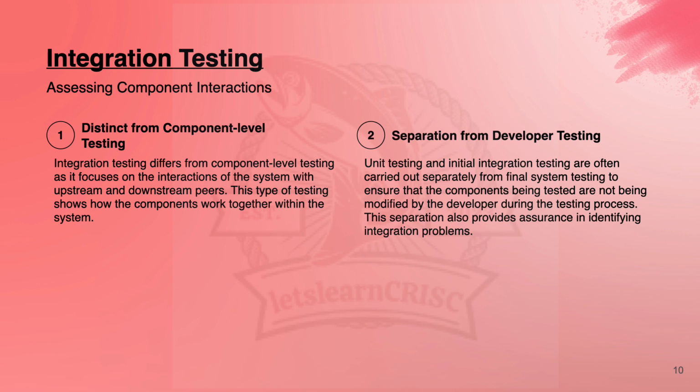Friends, unit testing and initial integration testing are often carried out separately from the final system testing to prevent developers from modifying the component being tested during the testing process. Once the developer completes the unit testing, the tested component remains unchanged during initial integration testing to ensure that the interactions are tested without ongoing modifications.